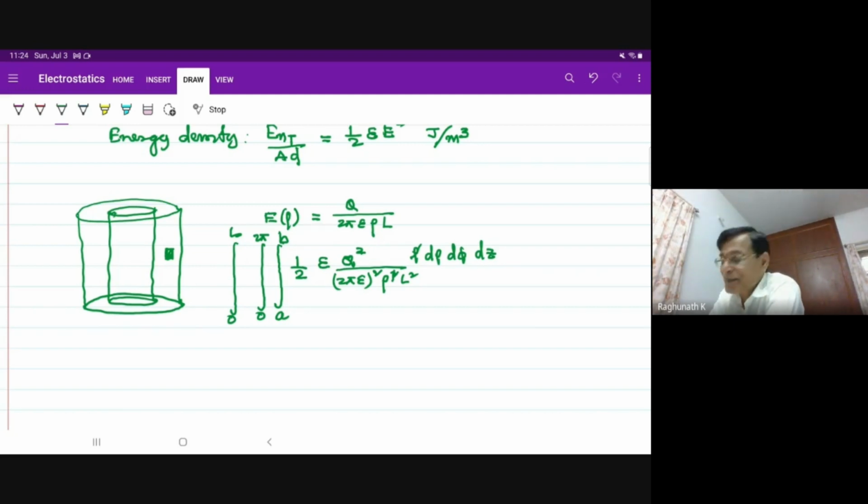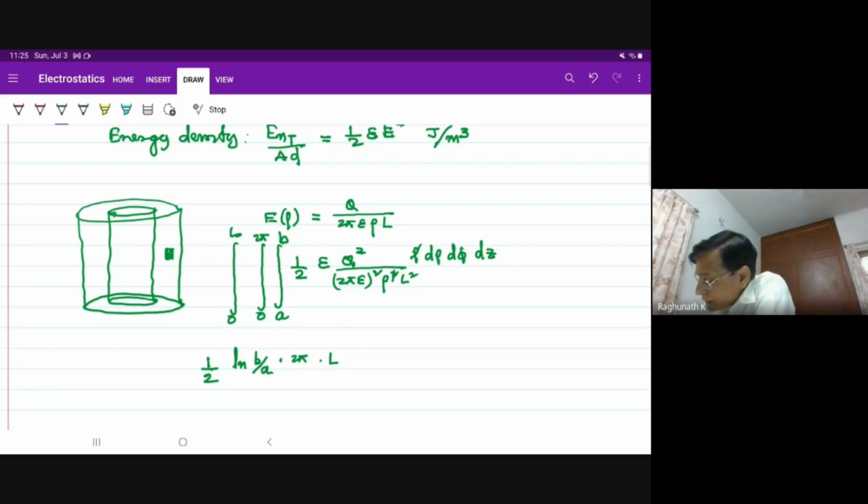D rho by rho integrates to ln of rho, so ln of B by A. Then integral d phi is 2 pi. Integral dz is L.